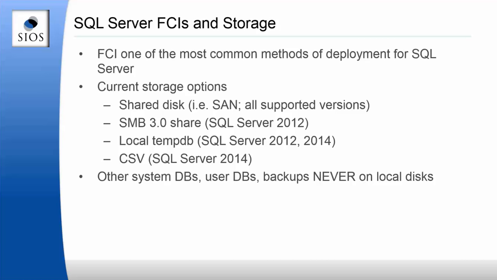So something like TempDB, where you may use it heavily, that's going to get thrashed all the time, you may want a better option. So a lot of people have started using dedicated storage within servers, even outside of clustering, just in standalone implementations to speed up TempDB.